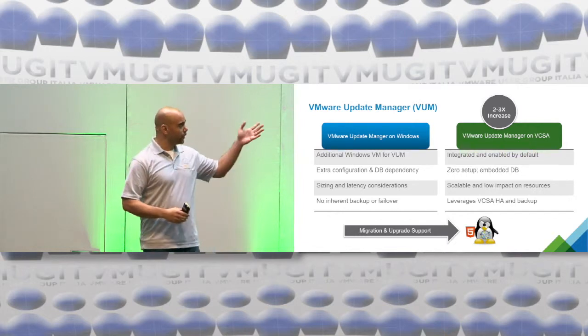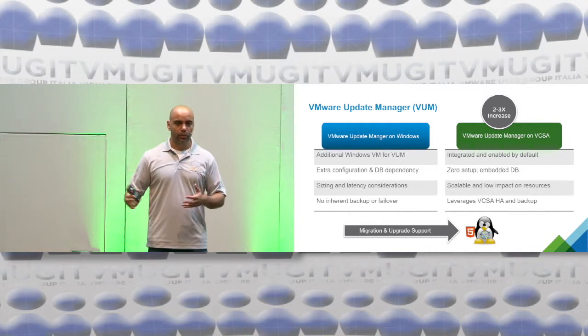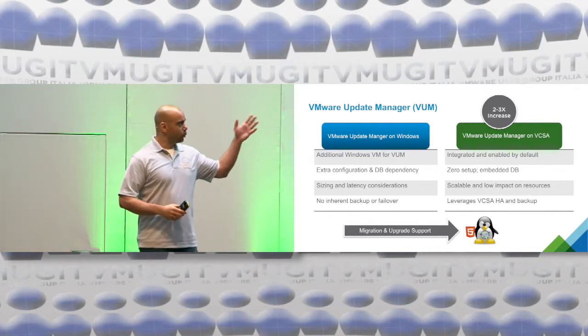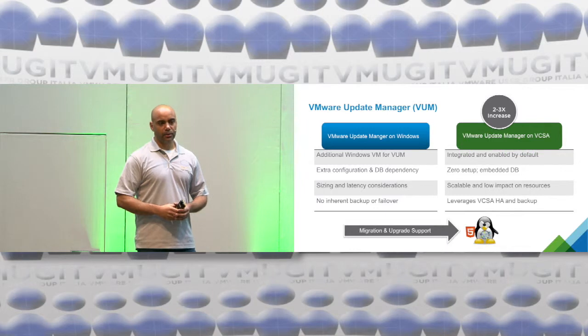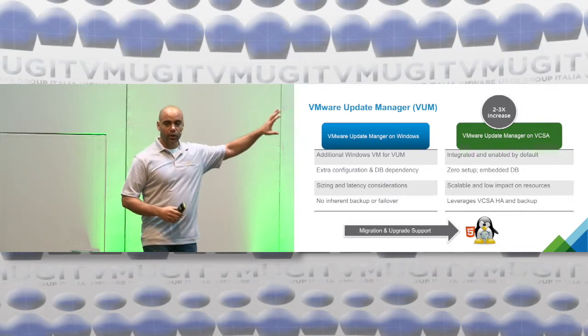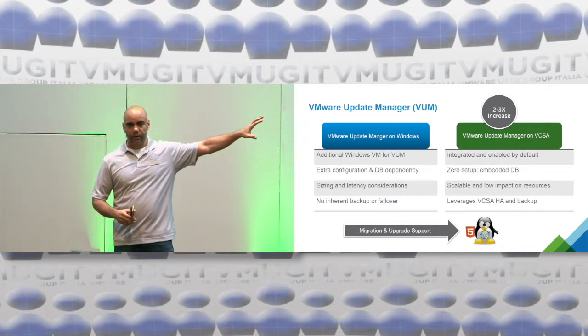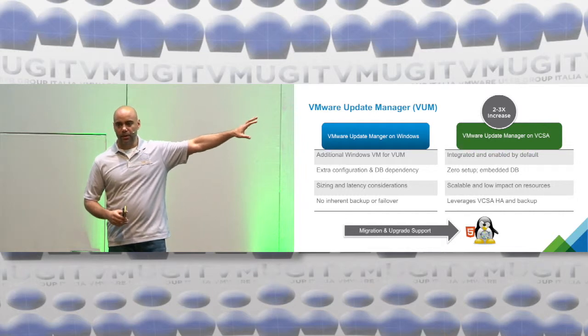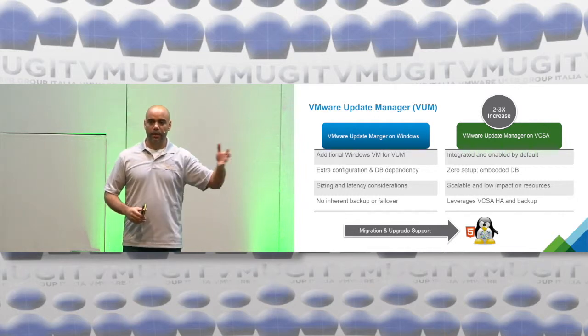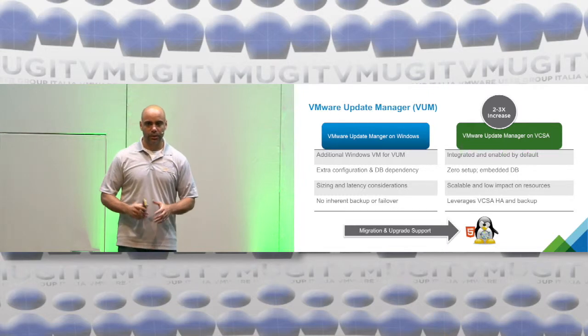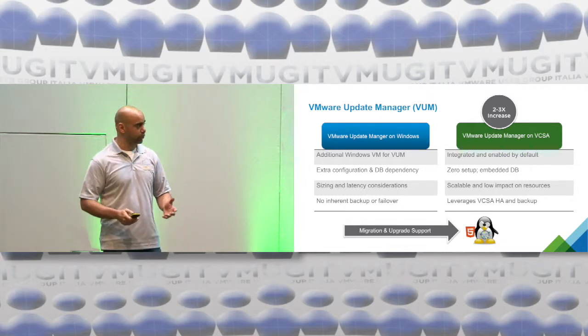If you're on Windows, when you're going through the migration process, it will also bring that Update Manager in. If you have no desire to bring over your baselines whatsoever, just unregister Update Manager from vCenter, and then you'll bring in a fresh Update Manager, and you can start creating your baselines if you choose to.